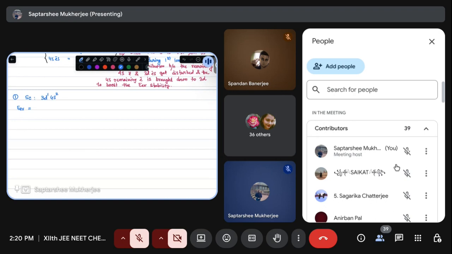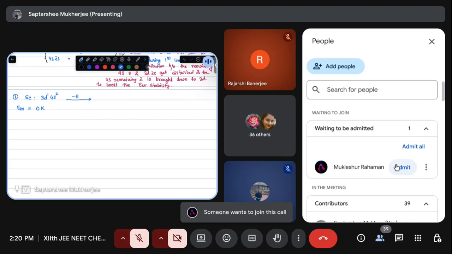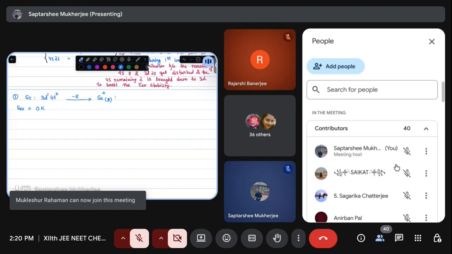D1, D2, D3, D4, 5, etc. What is the exchange energy against this? 0K. Correct or not everyone? 0K. Now if I remove an electron from 4s, to obtain scandium plus, obviously gaseous, because ionization enthalpy is always dealt in terms of gases. What am I supposed to get?